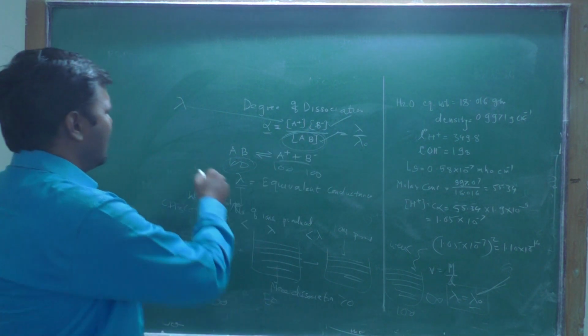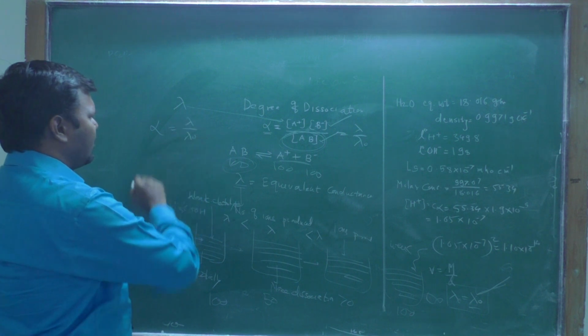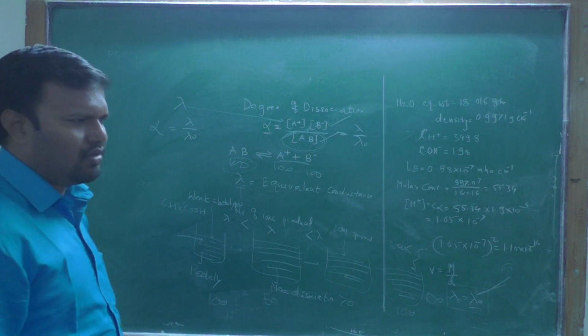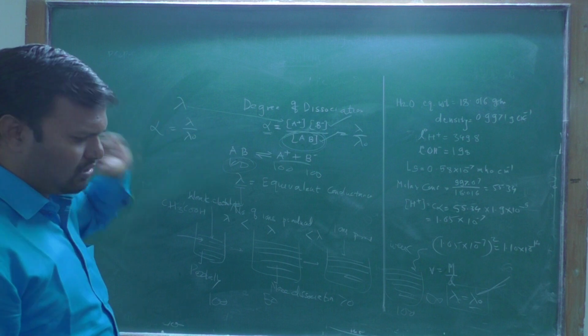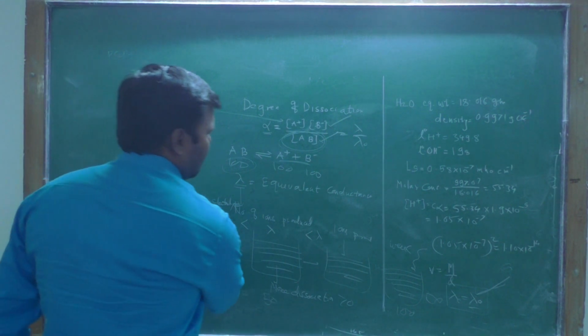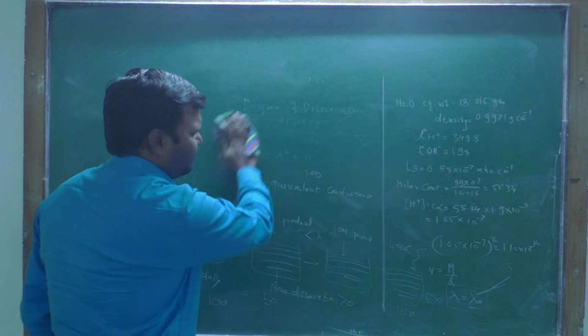Therefore alpha is given by lambda upon lambda 0. The degree of dissociation for a weak electrolyte can be given by this equation, lambda upon lambda 0. By using this relation, we can find the degree of dissociation of any weak electrolyte.